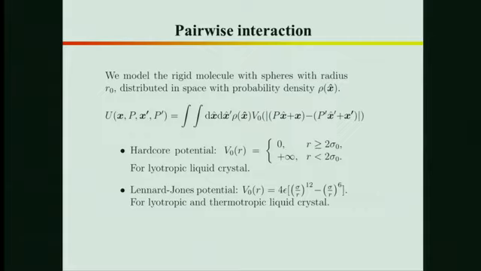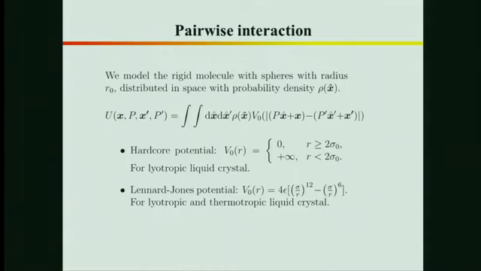Actually, Isaac uses this formula for the hardcore potential. This is good for the lyotropic liquid crystal because here you don't include the temperature. If you use the non-hardcore potential, then you have repulsion and attraction.